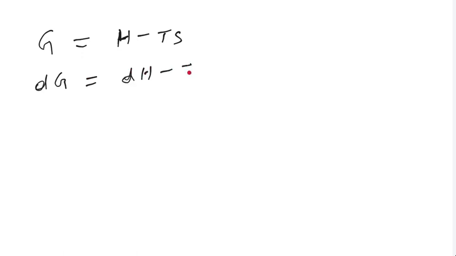So it can be written mathematically as G equal to H minus TS, enthalpy minus temperature into entropy. So for a very small change, it will be dG equal to dH minus TdS.